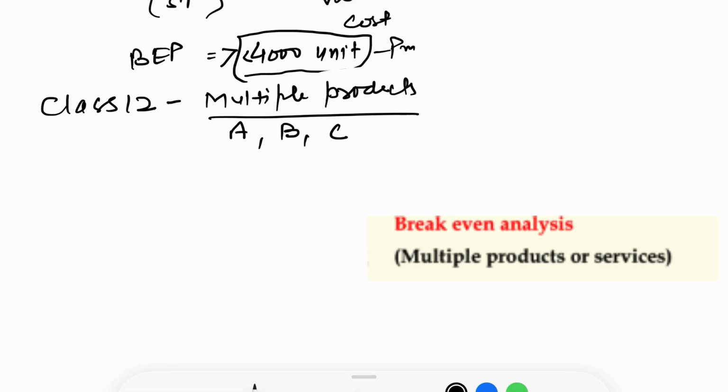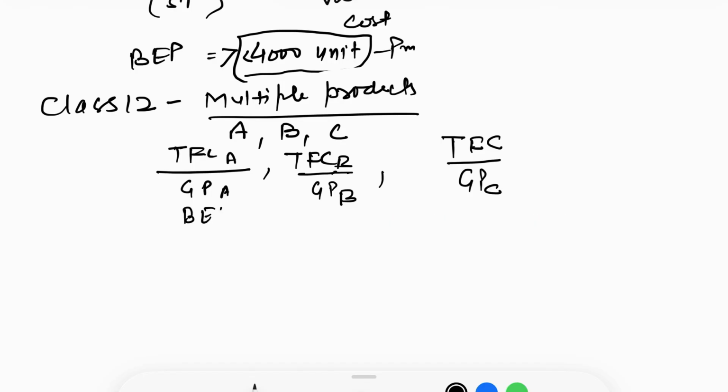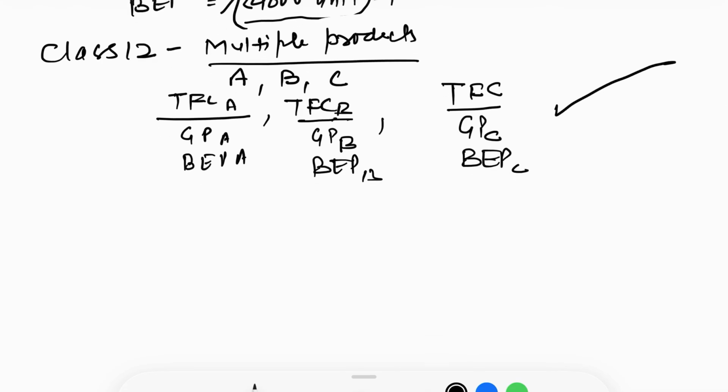They said, you take TFC of product A and divide it by the gross profit of product A. Then you take TFC, total fixed cost, of product B and divide it by gross profit of B. Then you take total fixed cost of product C and divide it by gross profit of product C. This is how you can have break-even point of A, B and C. Perfect answer. This is absolutely right.